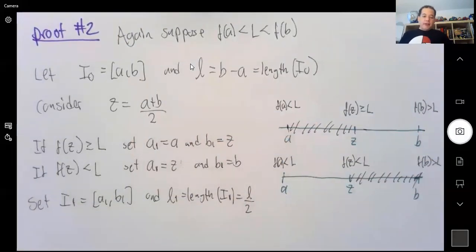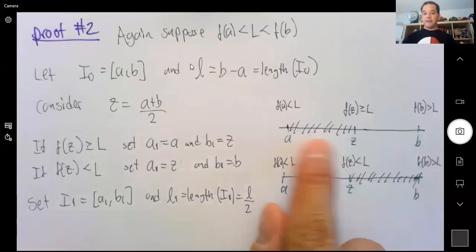Okay? And so do you see what we're doing now? What happened is that we're making our problem smaller. Before we were working with this big interval, A to B. And then we're saying pick the midpoint. And if when we apply the function at the midpoint it is greater than L, then pick the left interval.